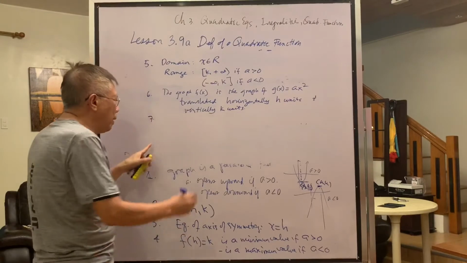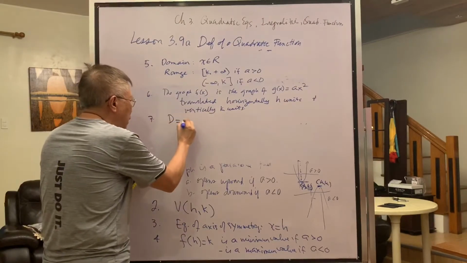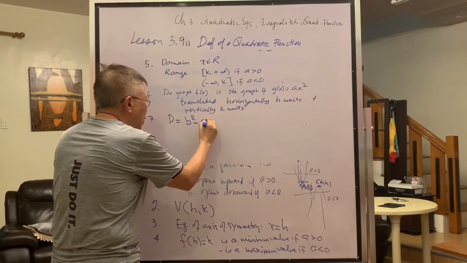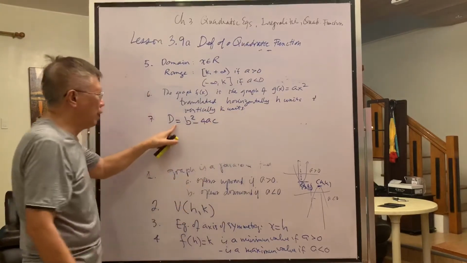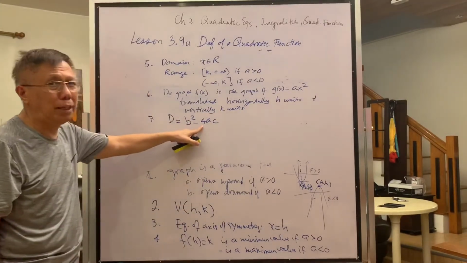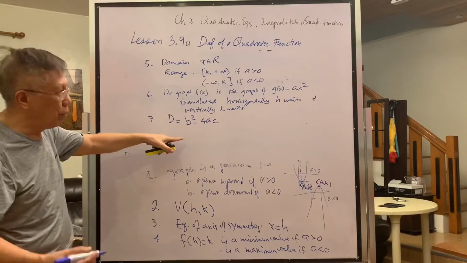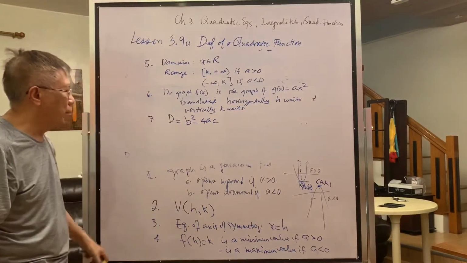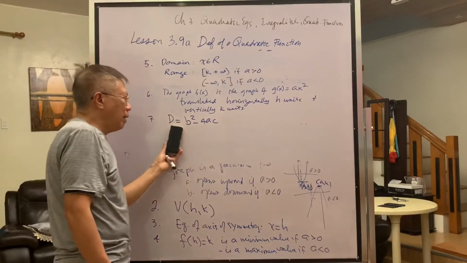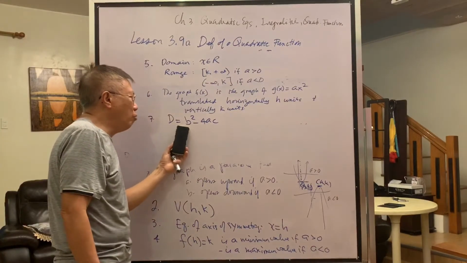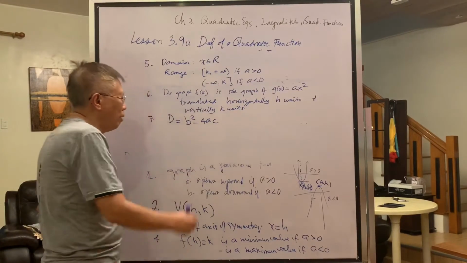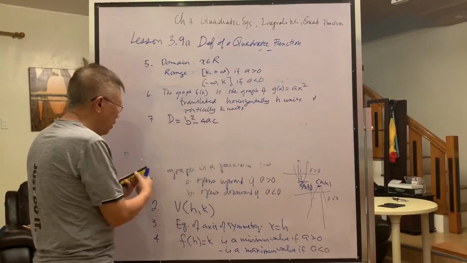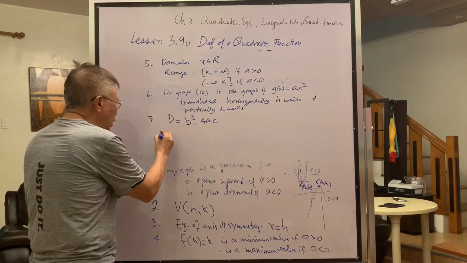The next property involves the discriminant of the given function. If you will remember, this is actually the discriminant of the quadratic equation ax squared plus bx plus c equals 0. This one here describes how many intercepts our function will have.